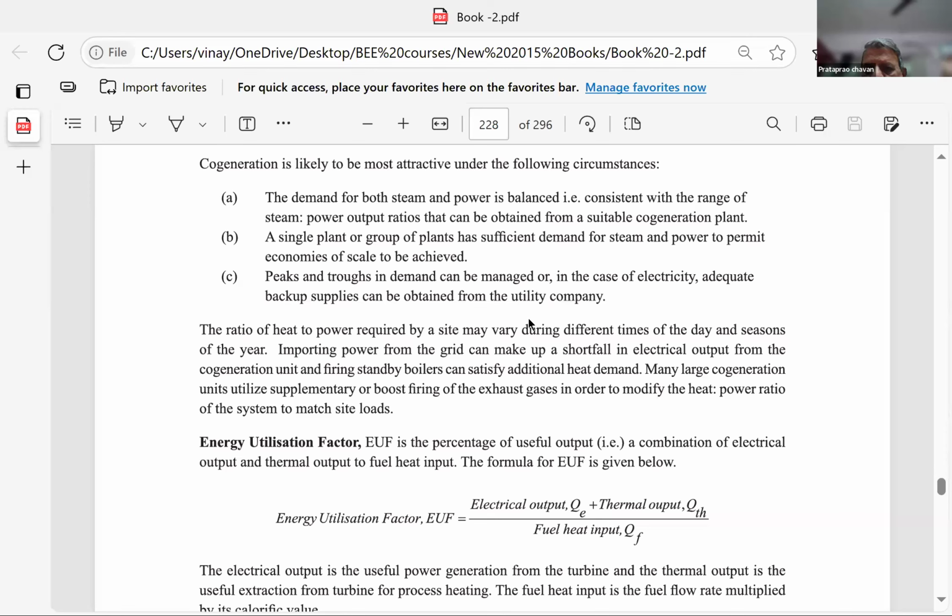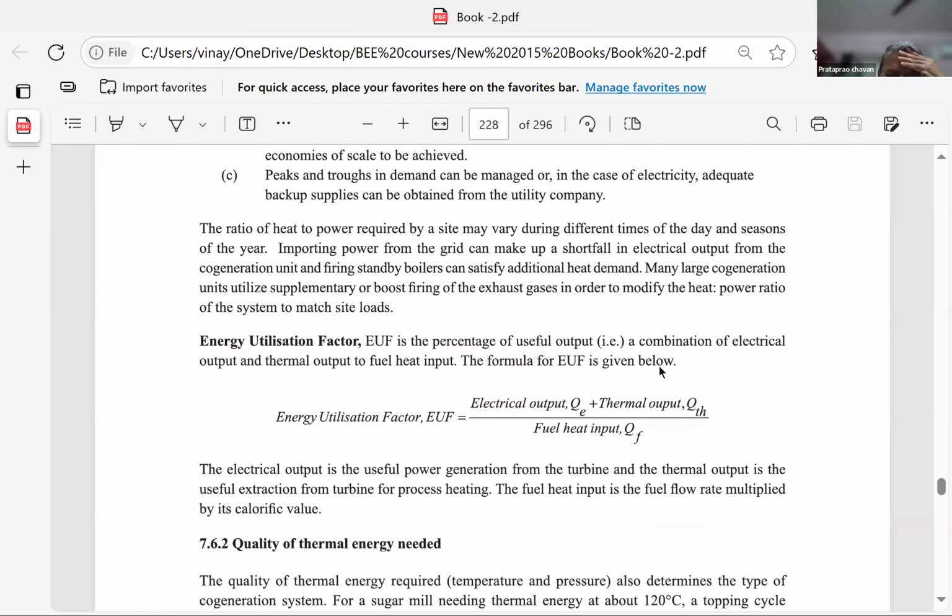You get my point, right? If the parameter of the heat source is low pressure, low temperature, then in that case it goes to the process first and then electrical generation. So topping and bottoming cycles are further variations, but for the basic requirements of recommendation, you can decide based on their thermal and electrical loads.